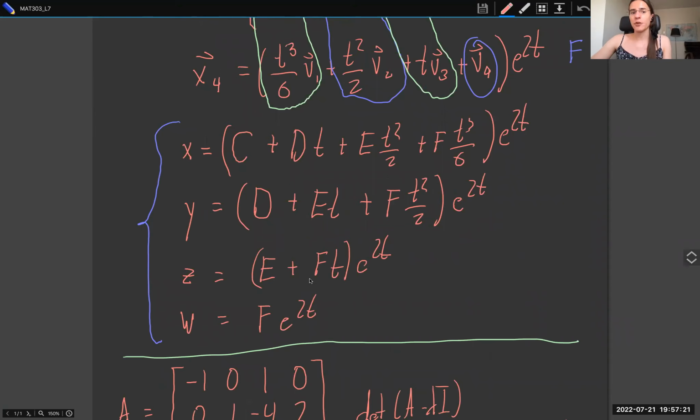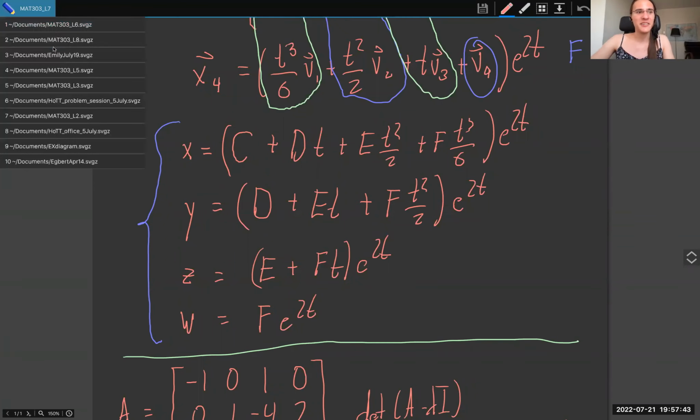If you look at what the fundamental solution is, then 1, 0, 0, 0, t, 1, 0, 0, t squared over 2, t, 1, 0, t cubed over 6, t squared over 2, t, 1. That's the matrix reading the columns down, which is exactly what we got here.